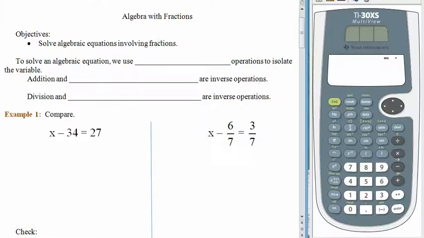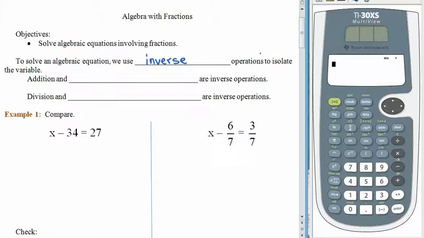Algebraic equations involving fractions are not really any different than other algebraic equations we've had. For any algebraic equation, we will use these ideas of inverse operations to isolate the variable. Inverse operations are things that undo what some other operation did.